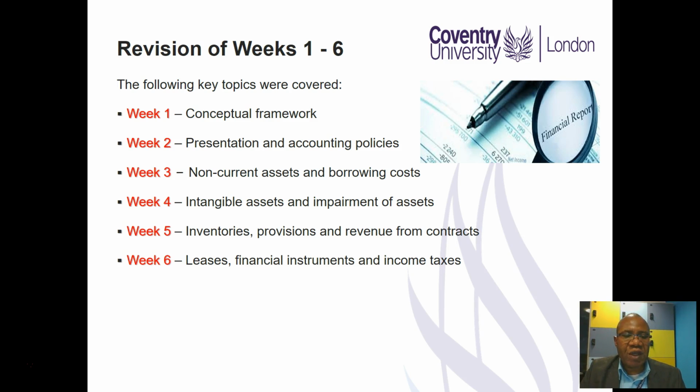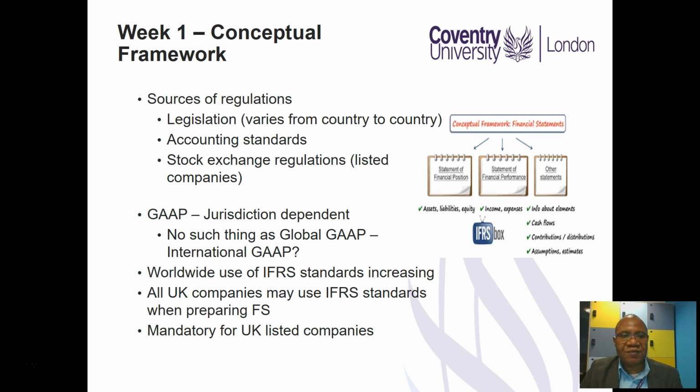In week 3, we had a look at non-current assets, borrowing costs, and investment properties. In week 4, we looked at intangible assets, impairment of assets, and in week 5, inventories, provisions, and revenue from contracts with customers. In the final week 6, we looked at leases, financial instruments, and income taxes.